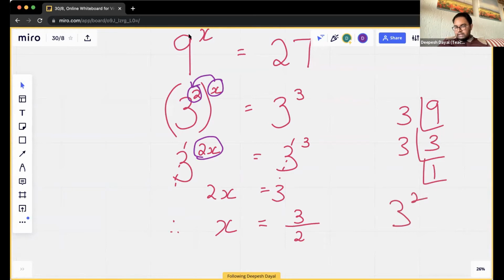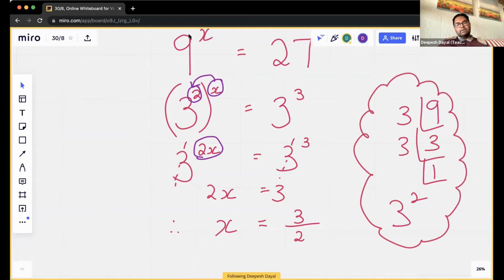So it's 3 squared because it's 3 times 3, right? We can use either of these methods, either the calculator or this, which we call the ladder method. So the answer is x equals 3 over 2. Is that okay for everybody? You can just shout out yes if it's fine. Yes. Okay, great.